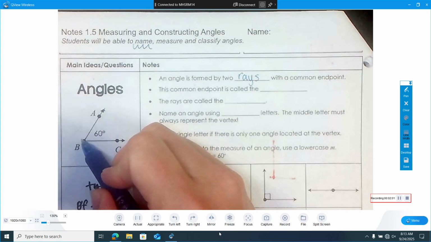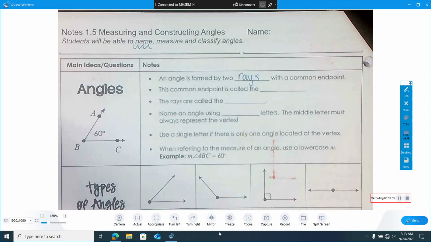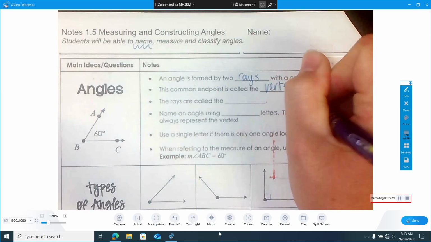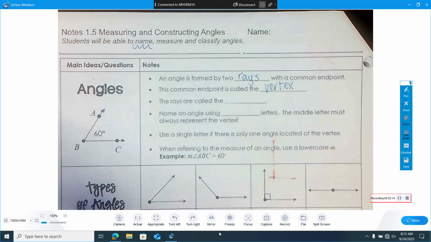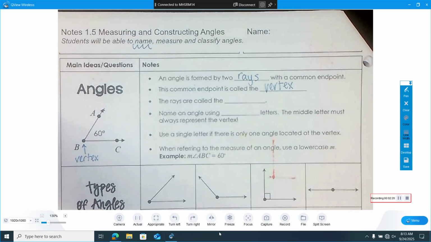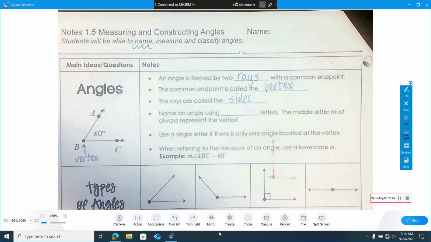It has an initial point, and it passes through forever that secondary point. So this common endpoint is called the vertex. You can see here our common endpoint is right here at B, so this is the vertex at point B. And the rays are called the sides of the angle.